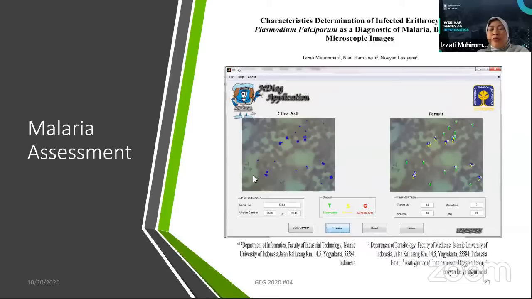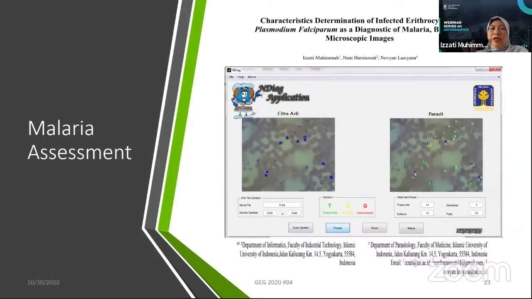And then we developed a tool based on the color of the infected area and the shape of the stage of the Plasmodium.